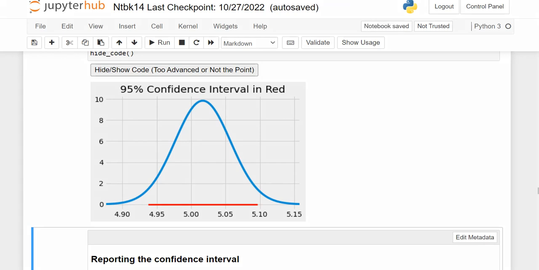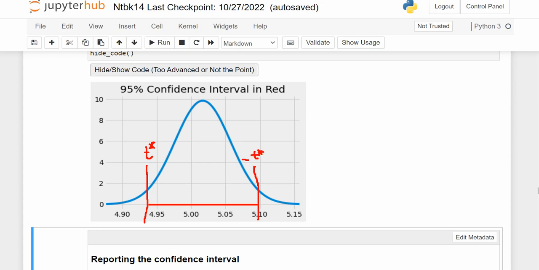So let me draw on this a little bit. There is a vertical line at T star, and a vertical line at minus T star.